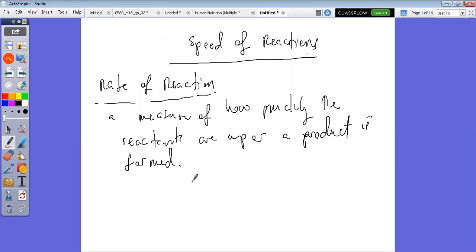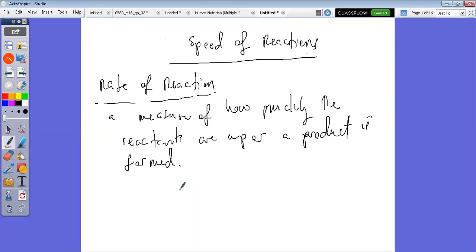Are we together there? Yes, sir. The rate of a reaction is simply a measure of how quickly the reactants are used up, or how quickly a product is formed.